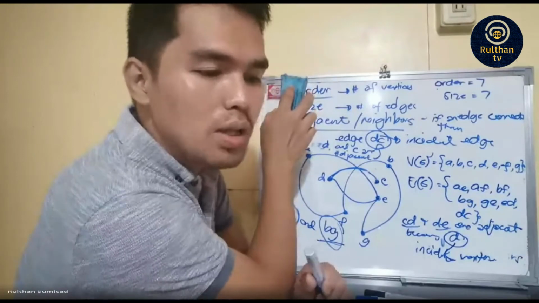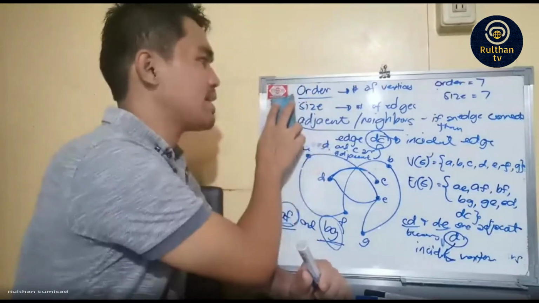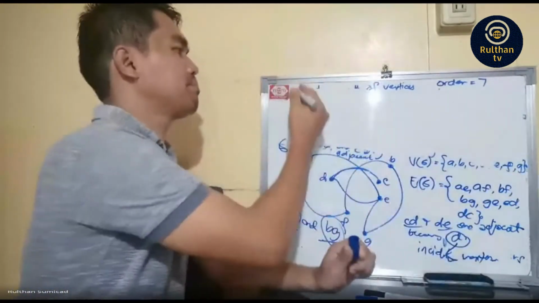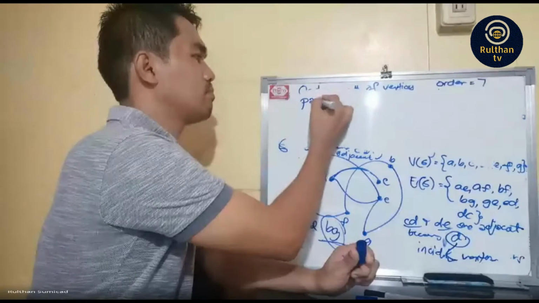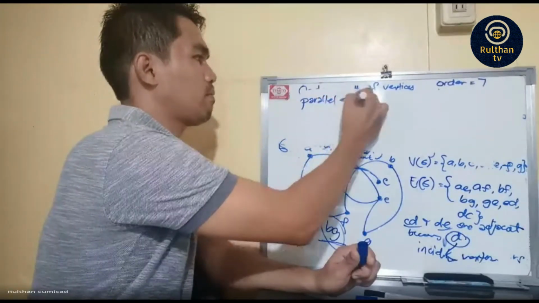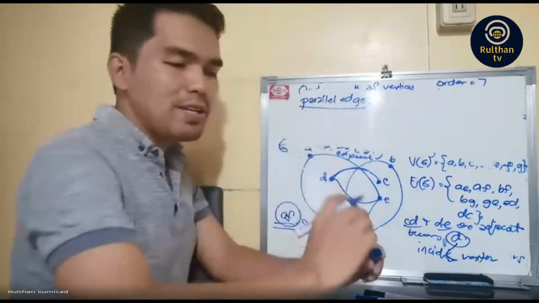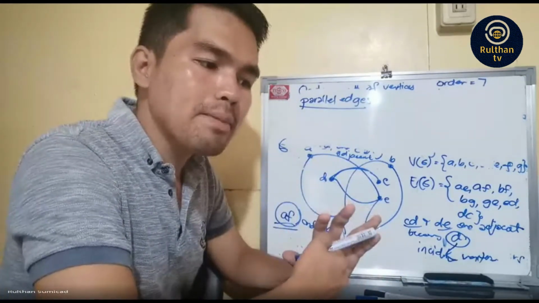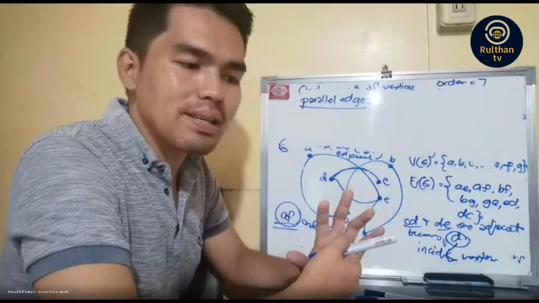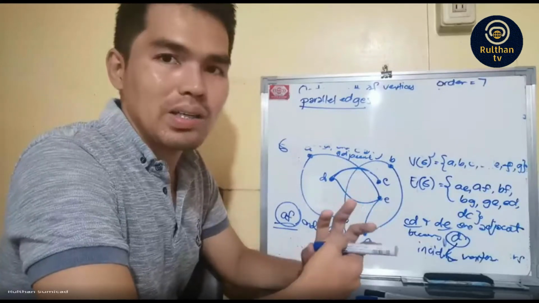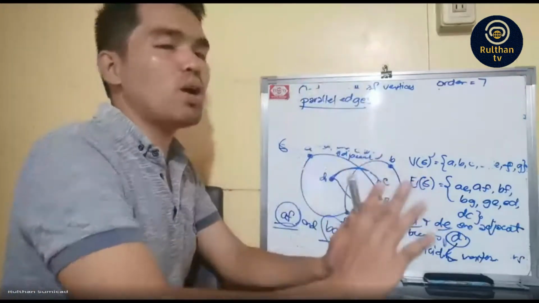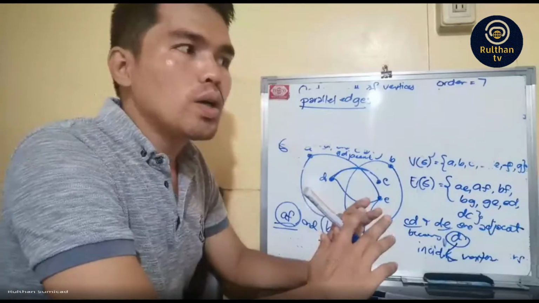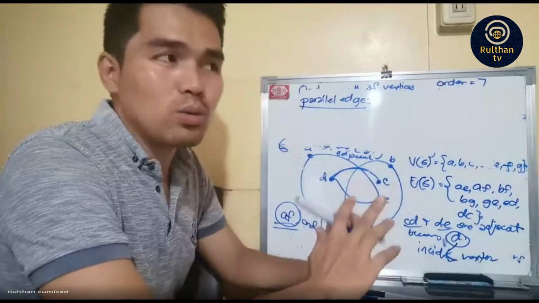Now we have the so-called multiple edges or parallel edges. What are multiple edges or parallel edges? By definition, parallel edges are edges where a pair of vertices has more than one edge, at least two edges connecting them.